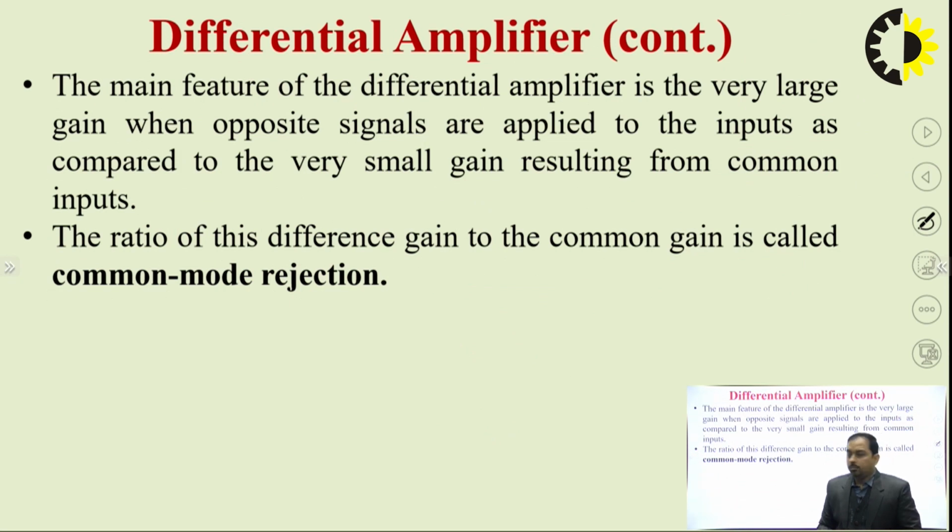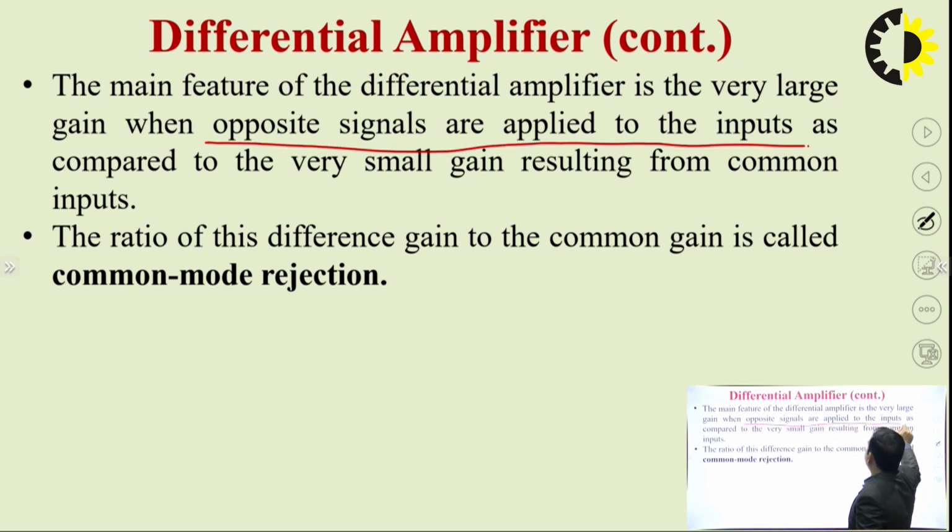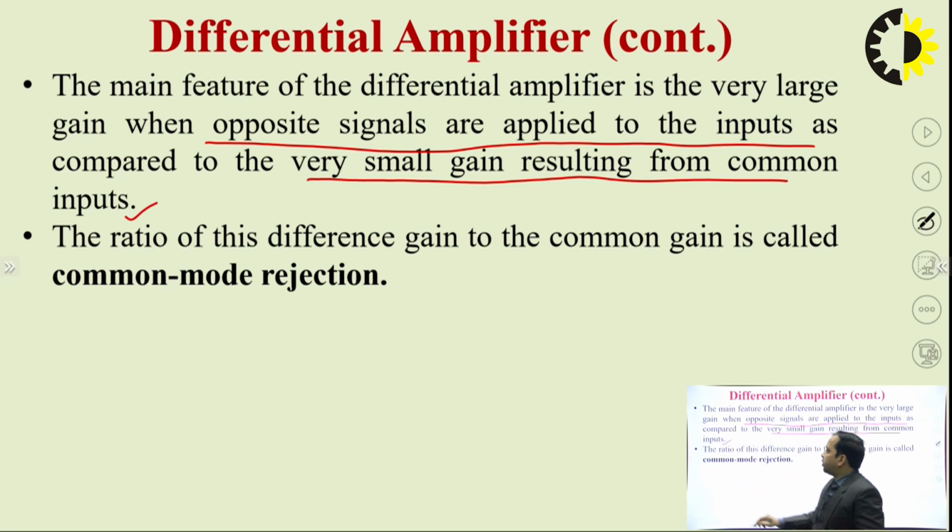So again, we can summarize that the main feature of the differential amplifier is the very large gain when opposite polarity signals are applied to the inputs, as compared to the very small gain resulting from common mode inputs. The ratio of this differential gain to the common mode gain is called the common mode rejection ratio, CMRR.